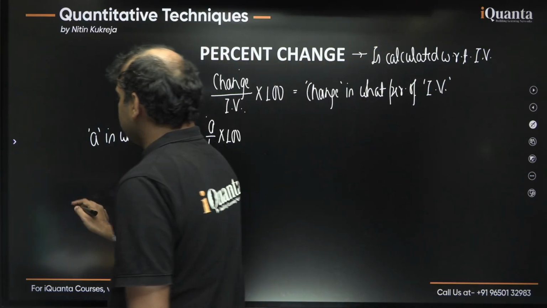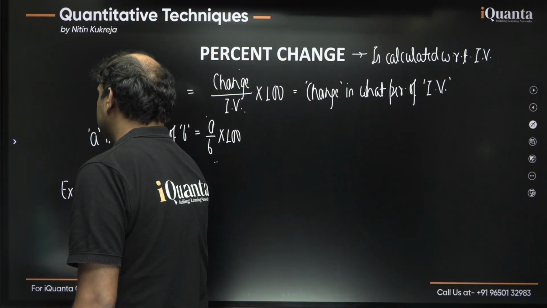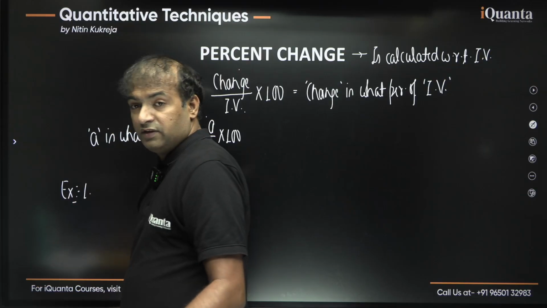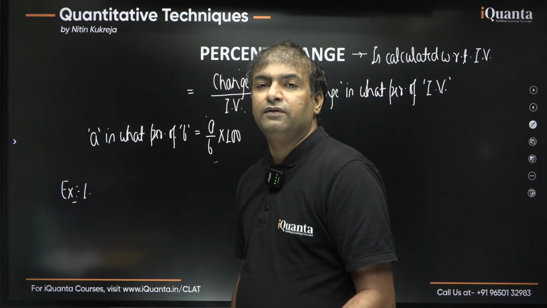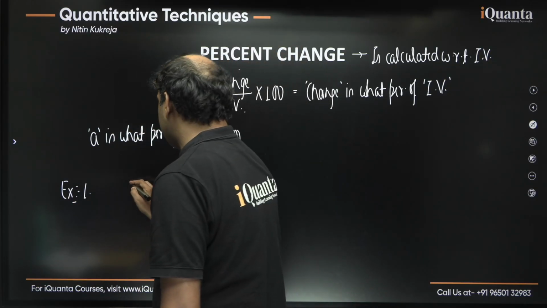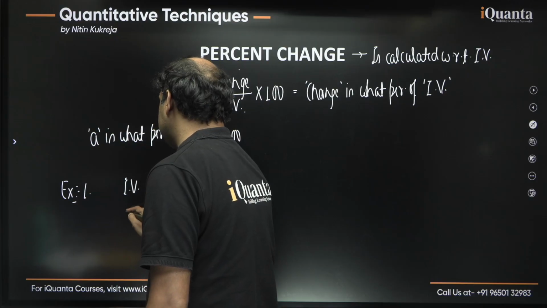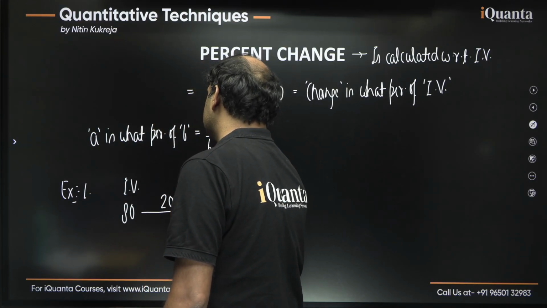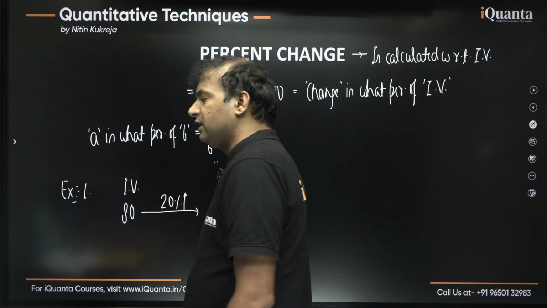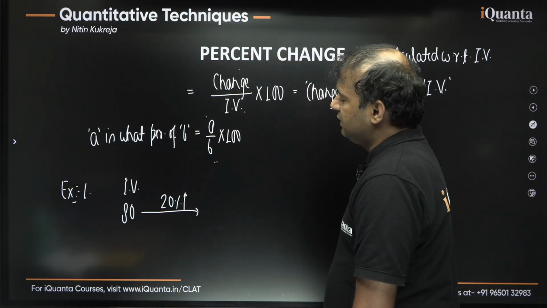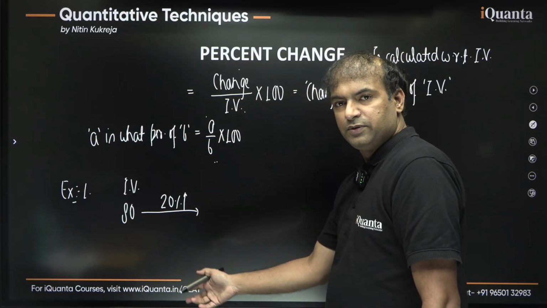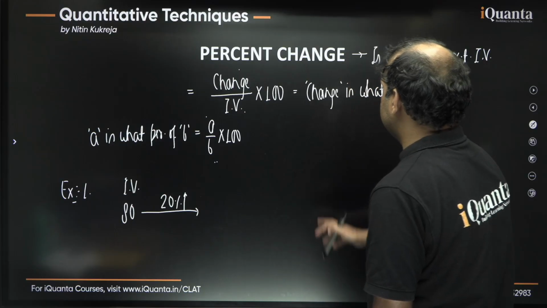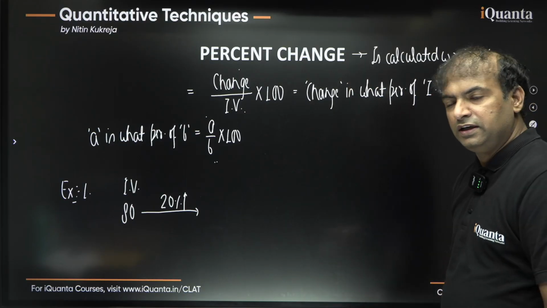So guys, let us say that we are given an initial value, we are also given the percentage change, and we have to find the final value. Let's say we are given initial value as 80, and this is being increased by, let's say, 20%, and we need to find the final value. So what we can do here, see guys, the value is increasing by 20%. As I said that the change is always calculated with respect to the initial value, right?